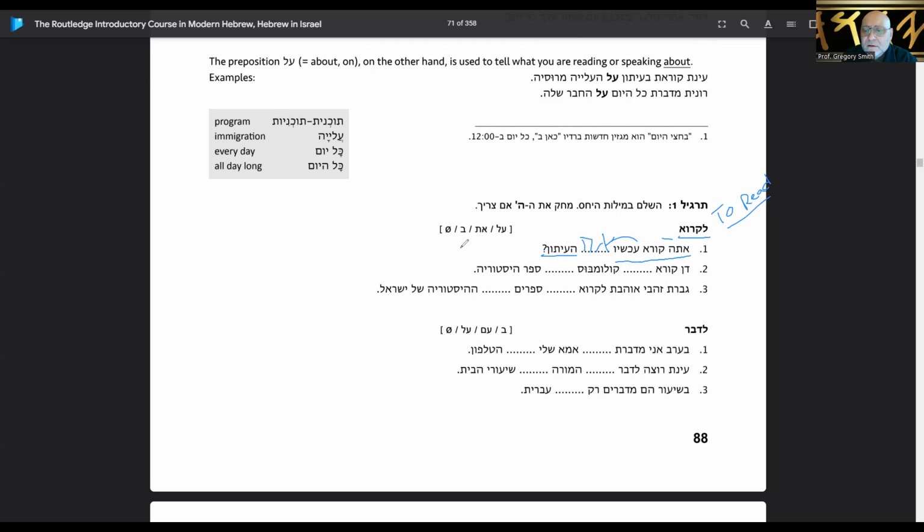Okay, let me try this other one here. Dan kore blank. Looks like Columbus. Oh, that's going to be about Columbus, so I bet it's going to use al. Al Columbus, blank sefer historia.